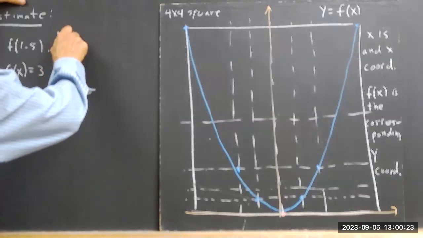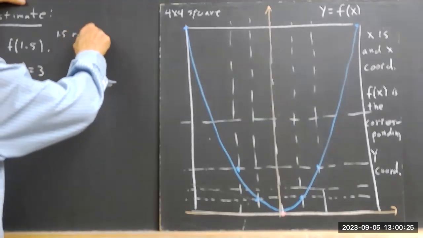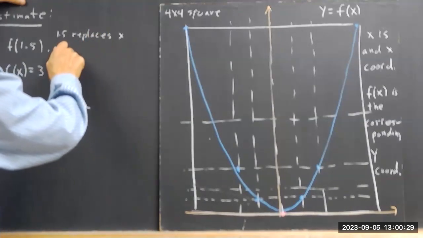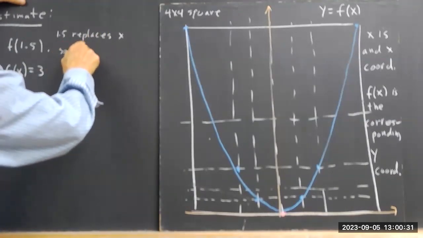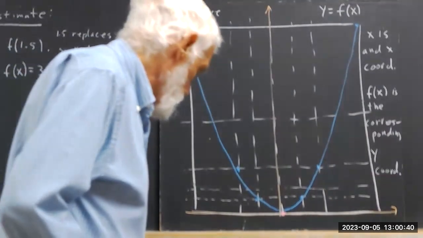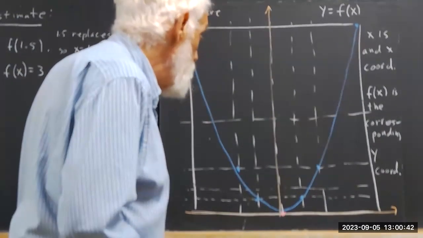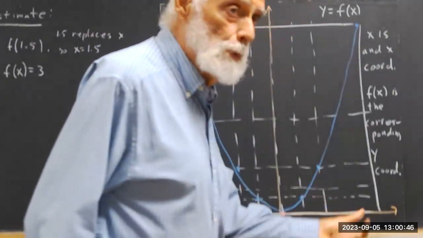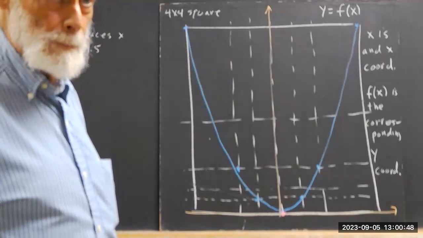I'll say 1.5 replaces x. Equals 1.5. This tells us that we got to find x equals 1.5 on this graph, right?